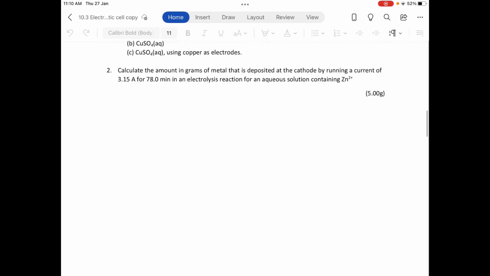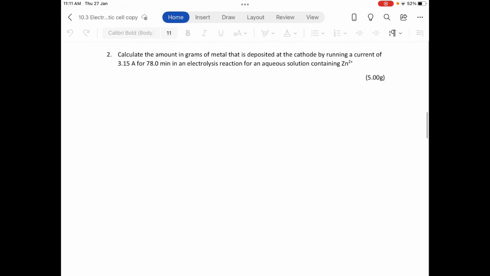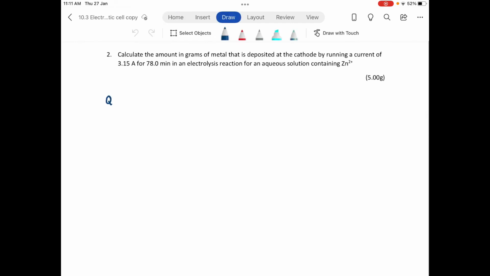So we first calculate our charge using the formula Q equals I times T. I is the current, so our current is 3.15 ampere. Time is given in minutes, but to calculate charge, the time should be in seconds.